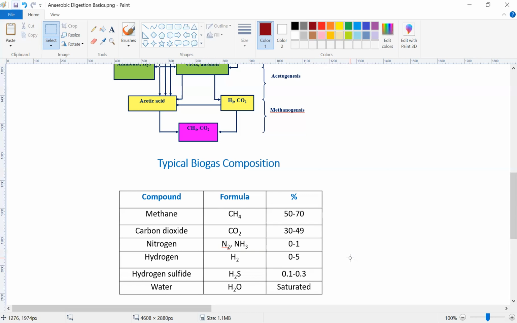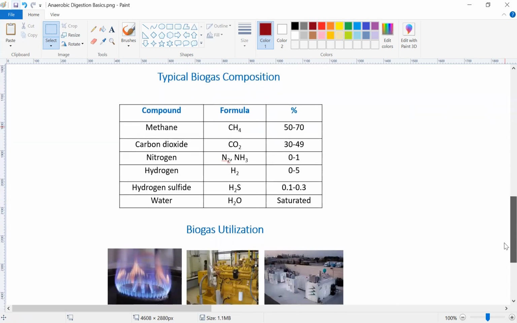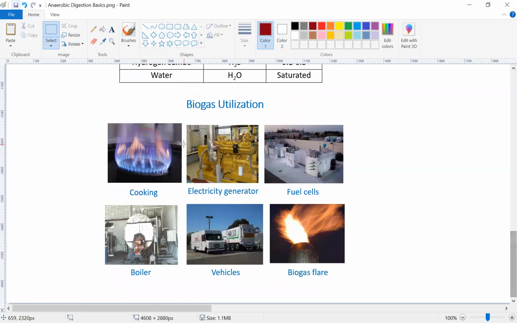I would like to mention here that based on the composition of the biogas, you can see what kind of usage it suits. Biogas can be used for cooking, for electricity generation, for steam generation, as vehicle gas, or it can just be flared.